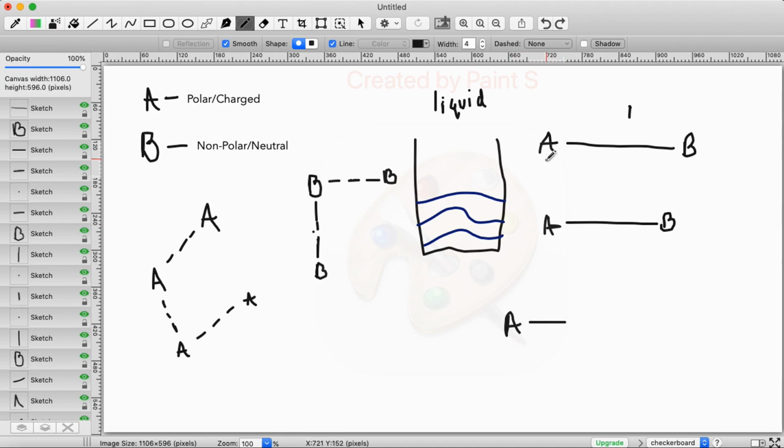I just draw A interacting with A, and B interacting with B. So you can have these large molecules.